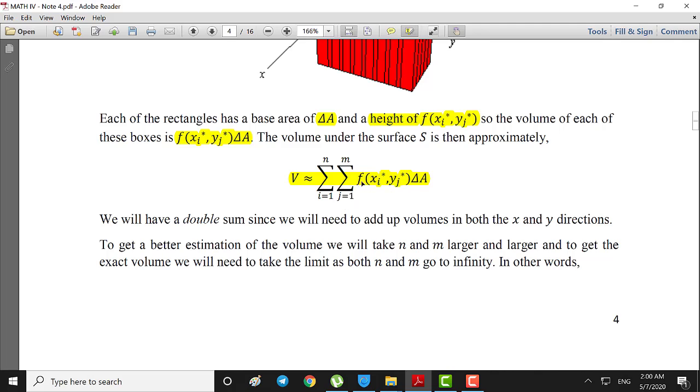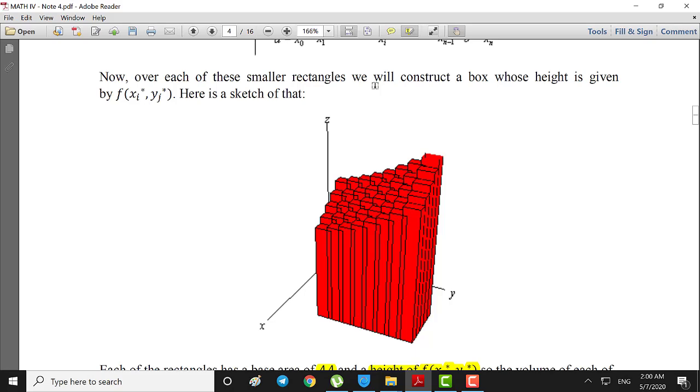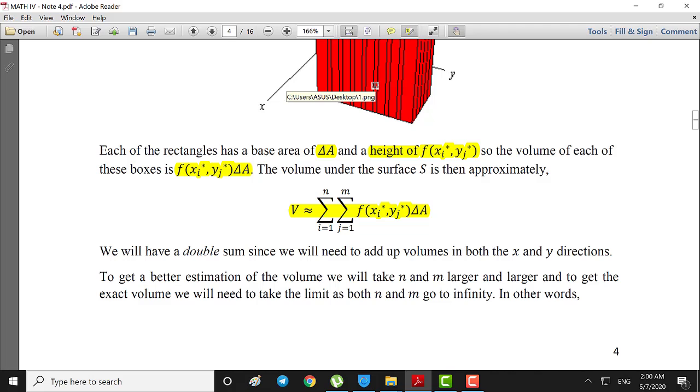In this way, you're going to get the summation of the volumes of all these boxes that you have in the figure of page 4, right? Now, the volume under the surface S is approximated by this double sigma.